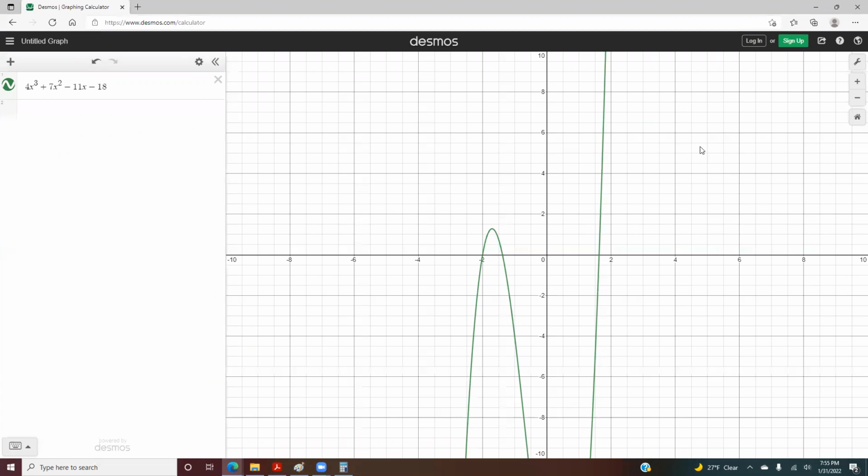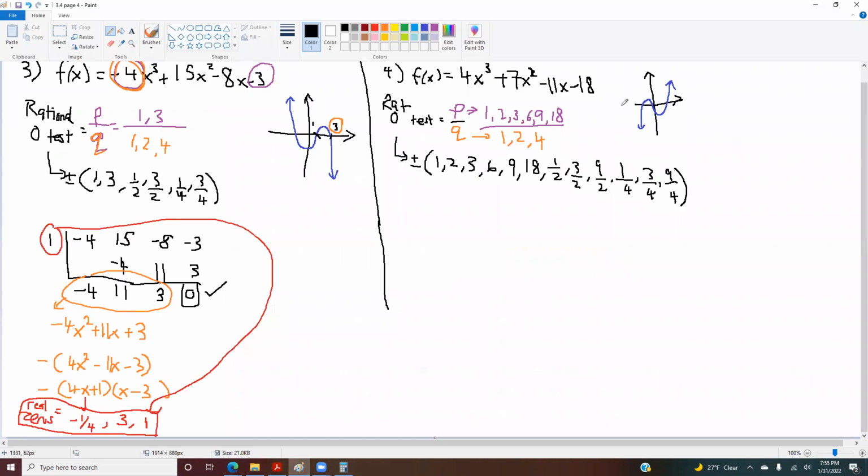That is the graph for question 4. -2. Okay, this is really clear. I do not know these other two numbers here. So -2 is clear, which means we know for sure that -2 is a zero in this case. So I want you guys to do synthetic division on -2.